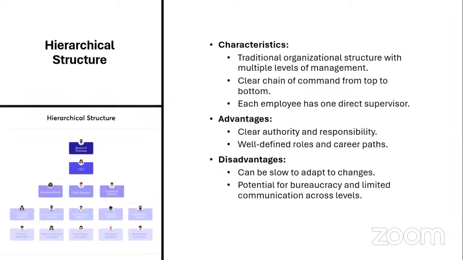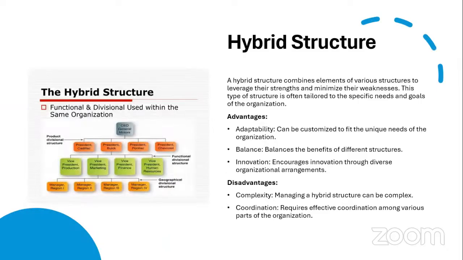I'm looking at the hybrid. Yes, the hybrid structure, because in my organization we have over 20 something directors. We have the main departments, about 18 directorates that report to the CEO, and we have zonal directors by the side.